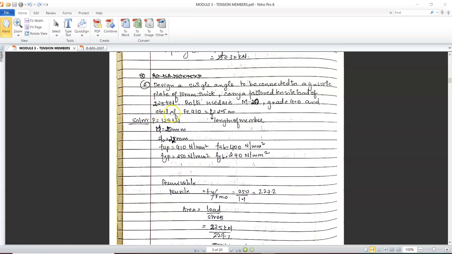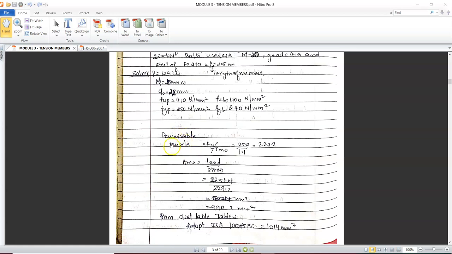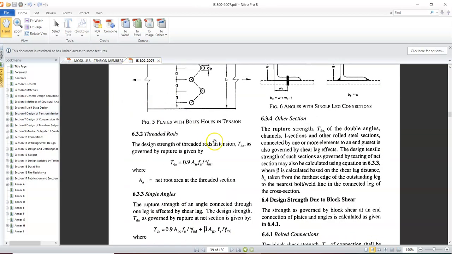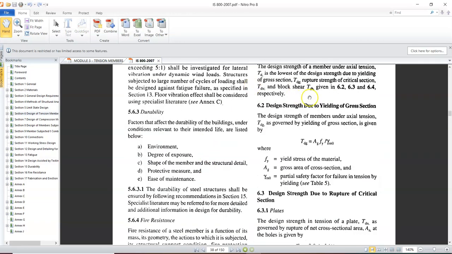In this problem, the load is given. You have to design an angle section capable of taking a factored load of 125 kilonewton. So for that, the permissible tensile stress, now referring to this formula, load is given.